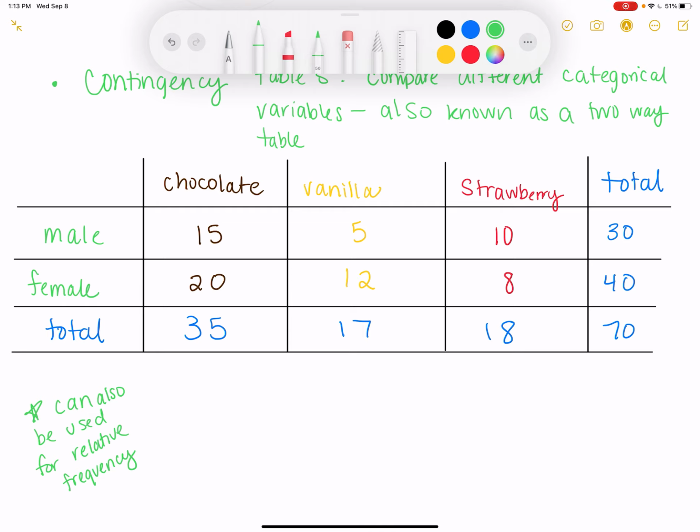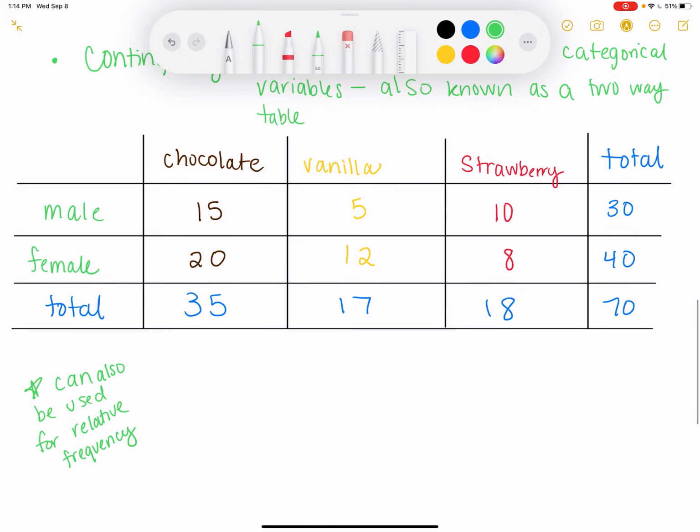Obviously the total that ends up in the bottom right corner, if you're doing it with percentages, needs to be 100. The only way that's not going to happen is if there is some outlier, like if Rocky Road was an option and one person said it and you didn't count it. But for the sake of everything we do, it should be 100.